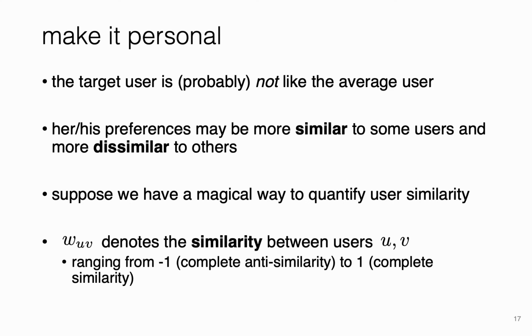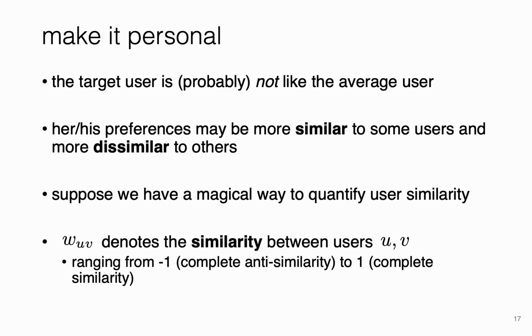The similarities take value ranging from 1, meaning complete similarity, down to -1, meaning complete anti-similarity. Essentially, -1 means that the two users give totally opposite ratings.